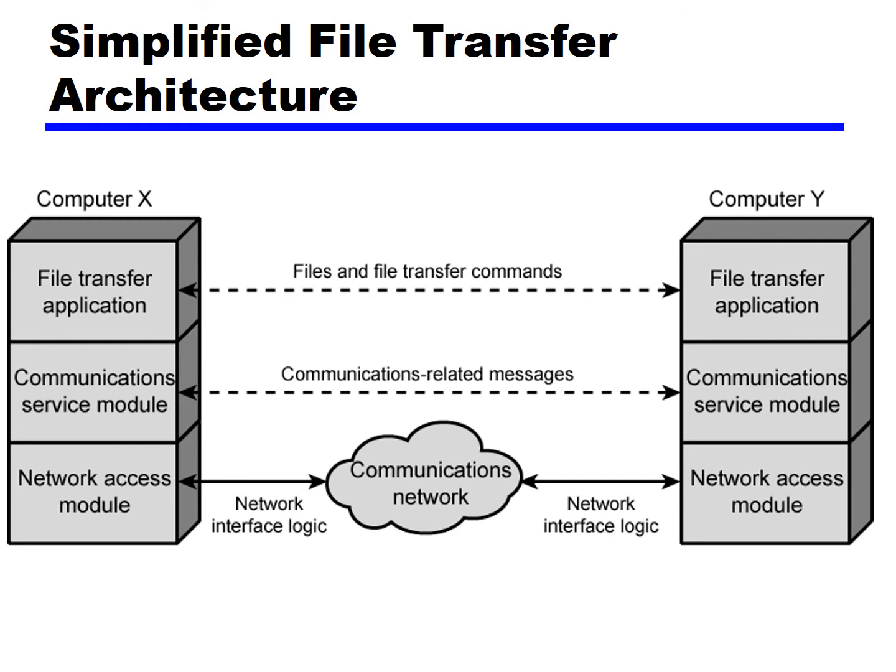There are many applications between computer X and computer Y. Number 1, files and file transfer commands. Number 2, communication related messages. Number 3, communication network interface logic, and network interface logic for the second computer Y.